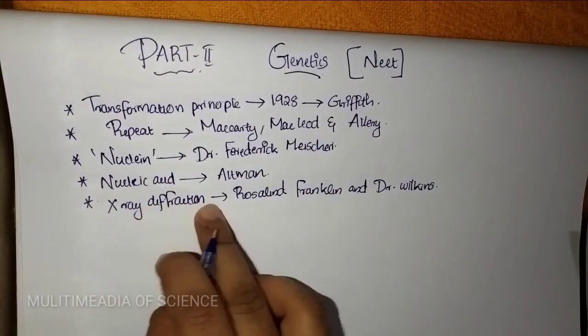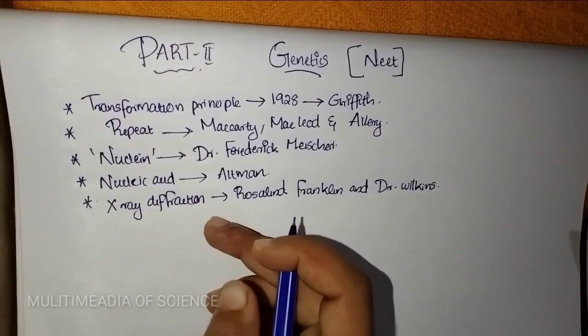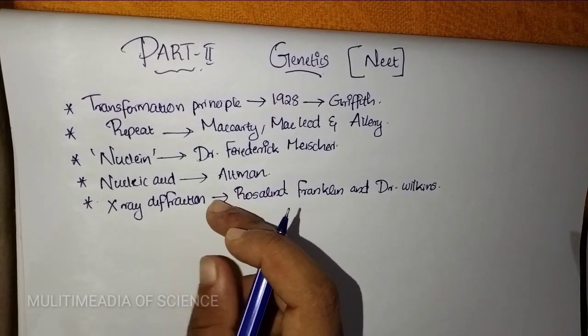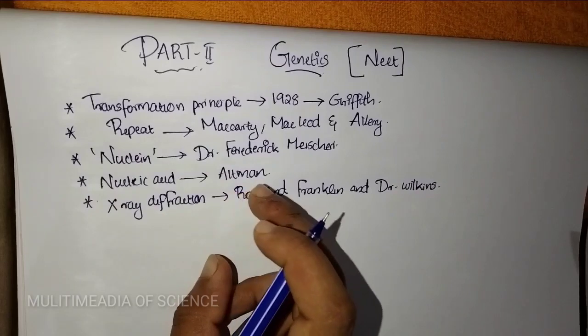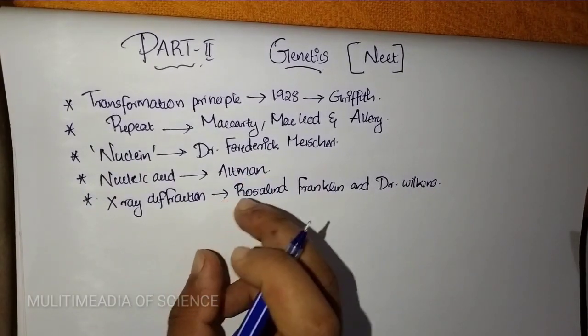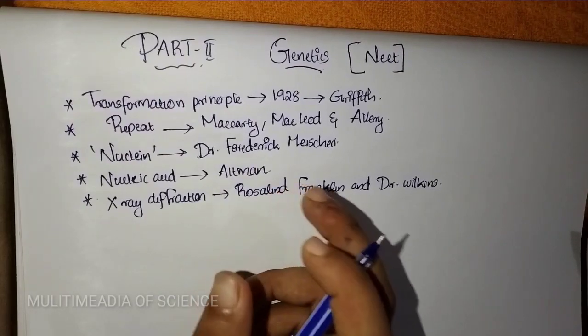This X-ray diffraction is really helpful for the identification or proof of the DNA structure, and this DNA structure was worked out by Dr. James Watson and Francis Crick.